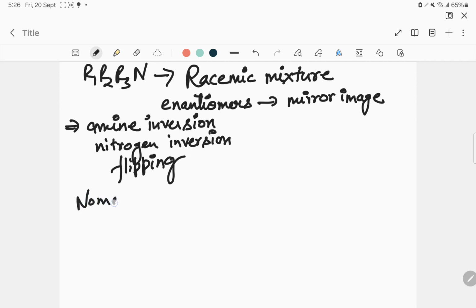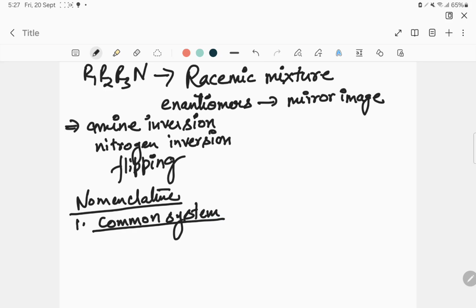Next is nomenclature. We are going to do three systems of nomenclature. The first one we are going to do is the common system of nomenclature.